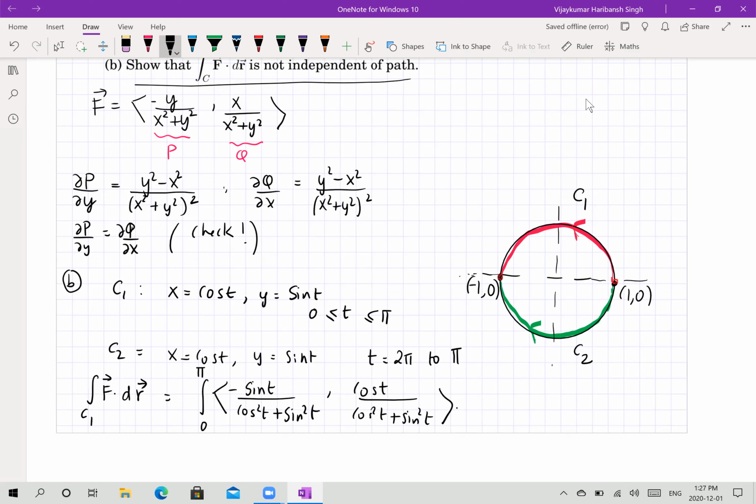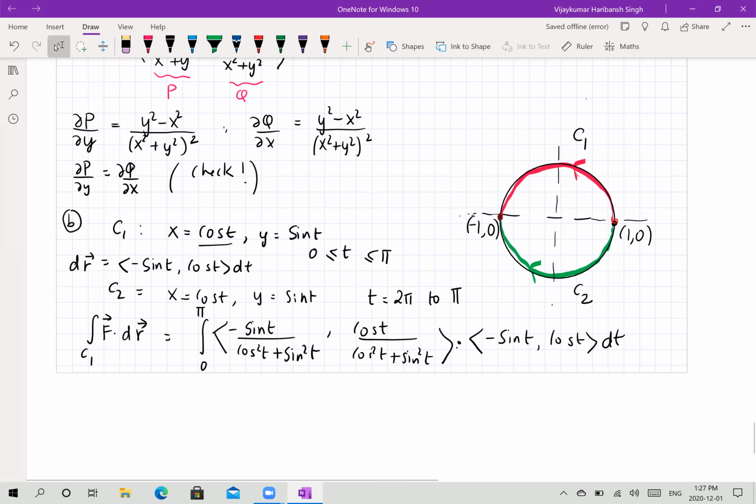Now, what is dr here? So dr is going to be the derivative of cos, which is minus sine t, and the derivative of sine, which is cos t, dt. So we have dot with minus sine t, cos t dt.